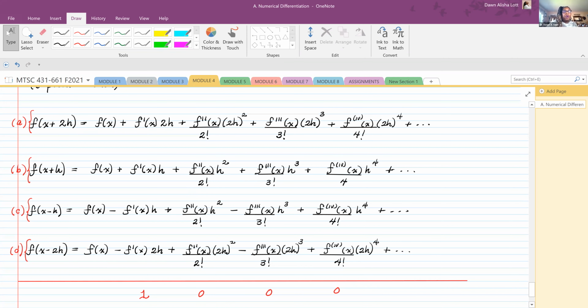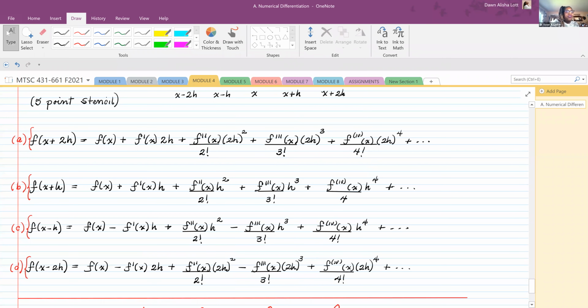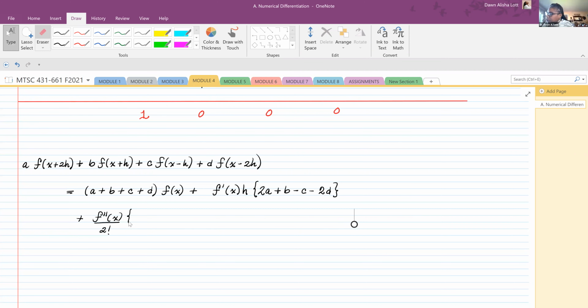Okay, now for the coefficient of f double prime. So I have f double prime of x over 2 factorial. Its coefficient. So I'm going to have 4, and this is times h squared. They're all times h squared.